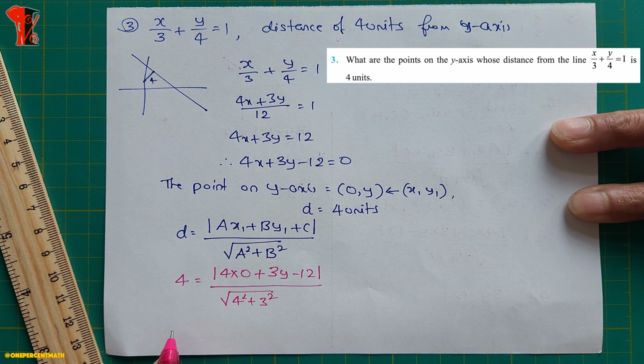So further simplification: 4 is equal to modulus of 3y minus 12 divided by root of 16 plus 9, that is 25, correct? So this will be root 25, and root 25 is 5.